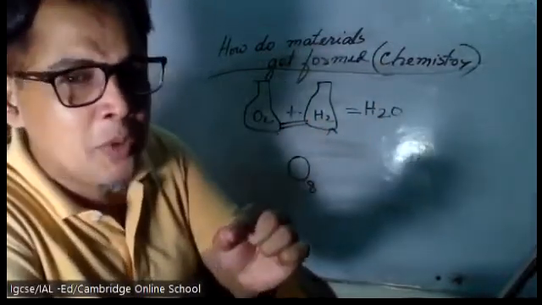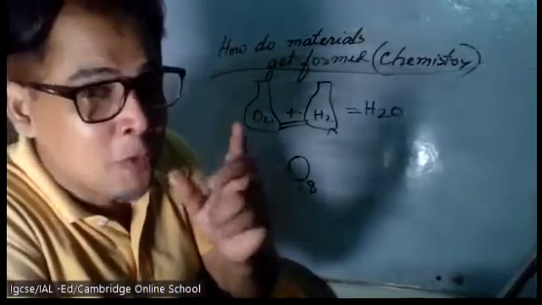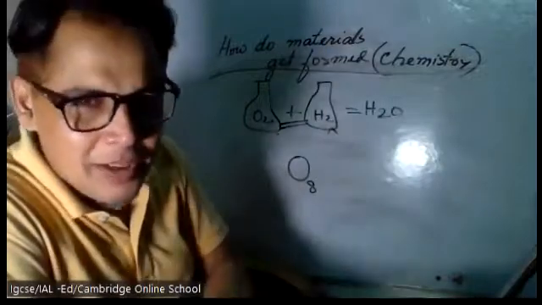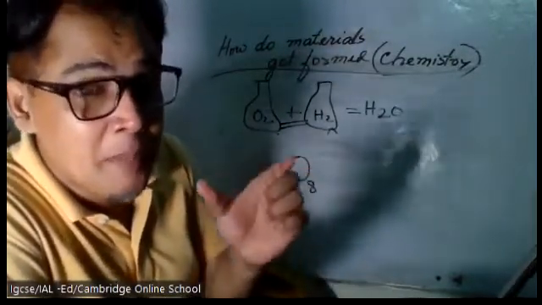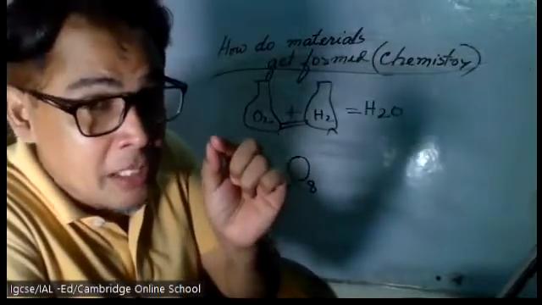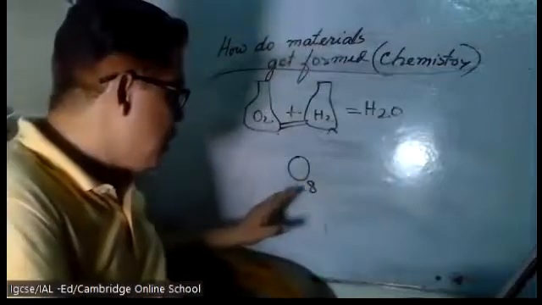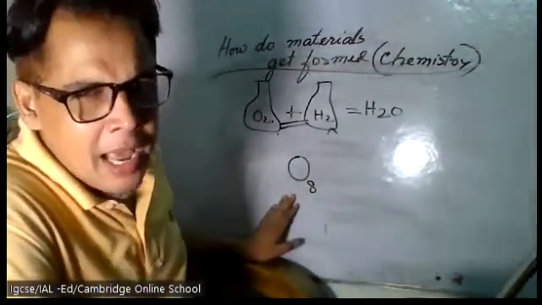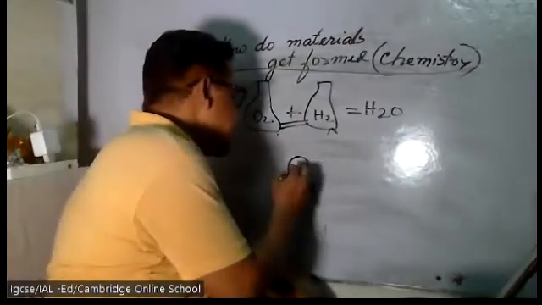No sentence has been written without proof. Did they just guess and write? No. Each and every word has been written after establishing it. So oxygen has 8 inside.